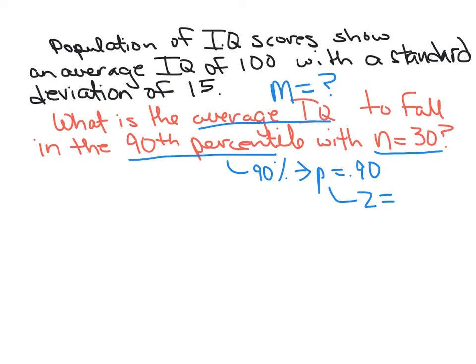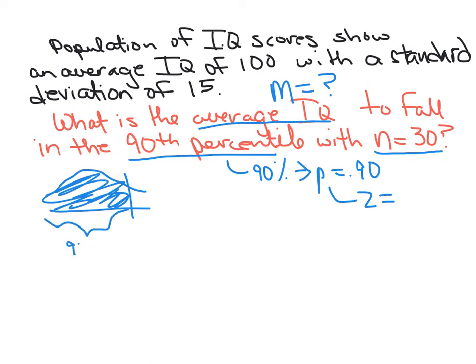So, because in actuality, you're looking at this. So all of this here is 90%. This leftover is 10%. So we could look up P equals 0.10 to have the simplest.